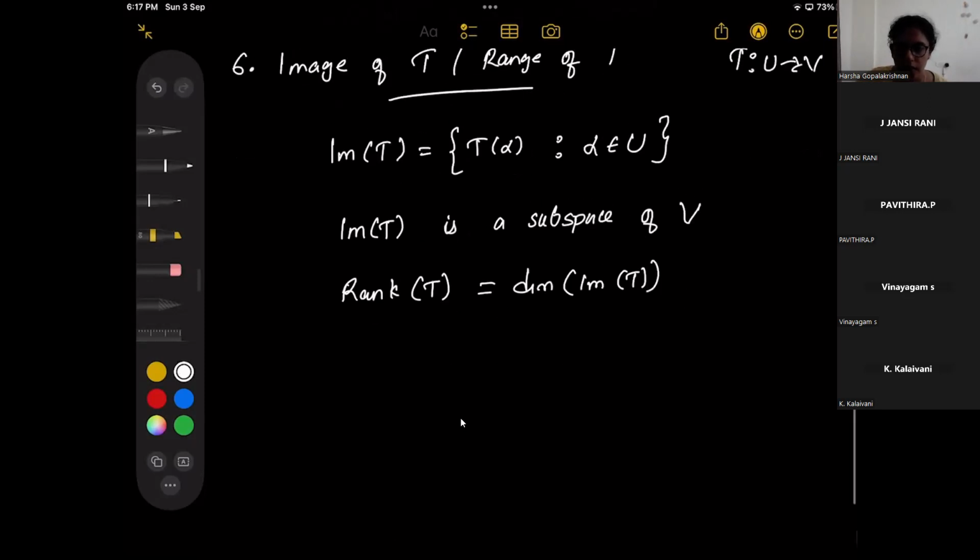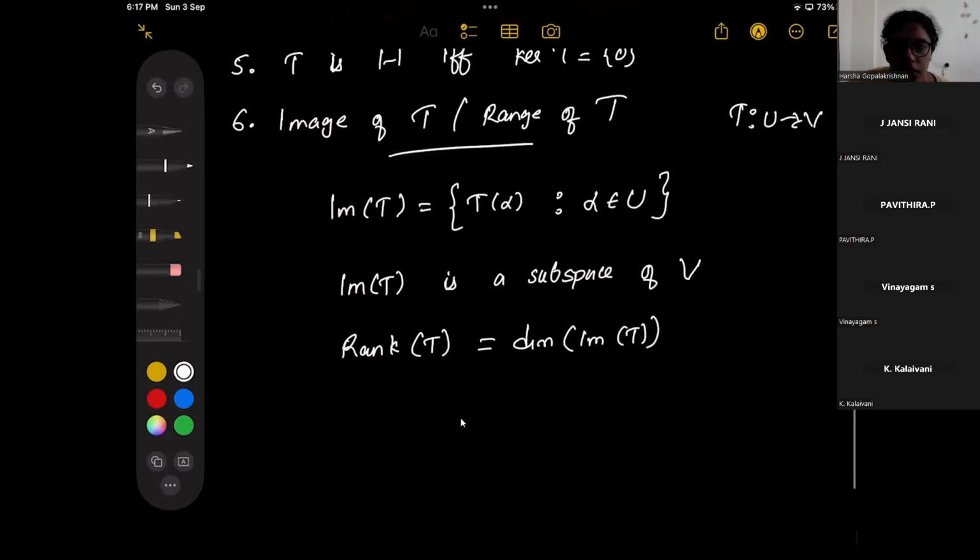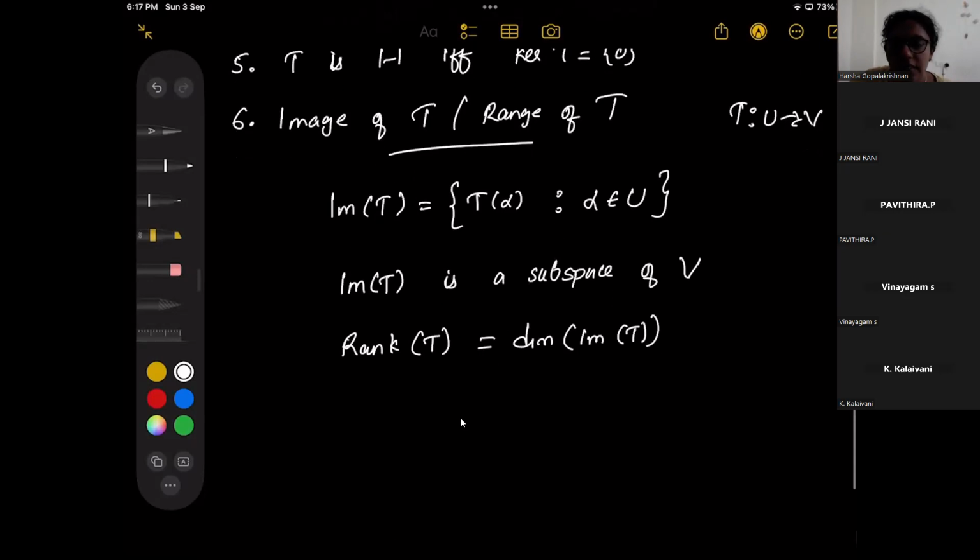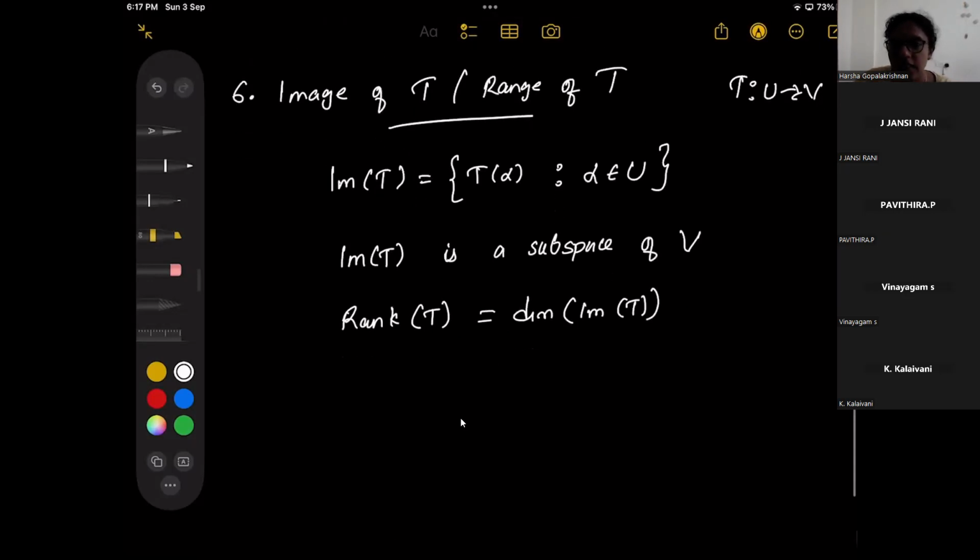Okay. Is this clear for everyone? This linear transformation, null space, nullity, range, rank, everything is very important while solving problems. So if you have any doubt, please ask. And if you want me to explain any concept once again, you can tell.